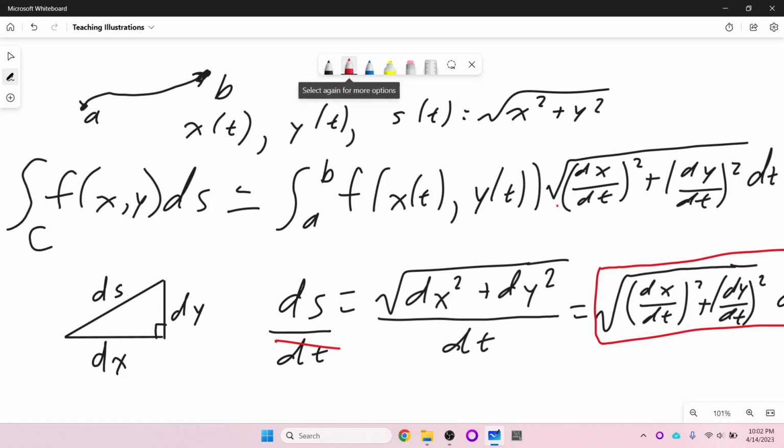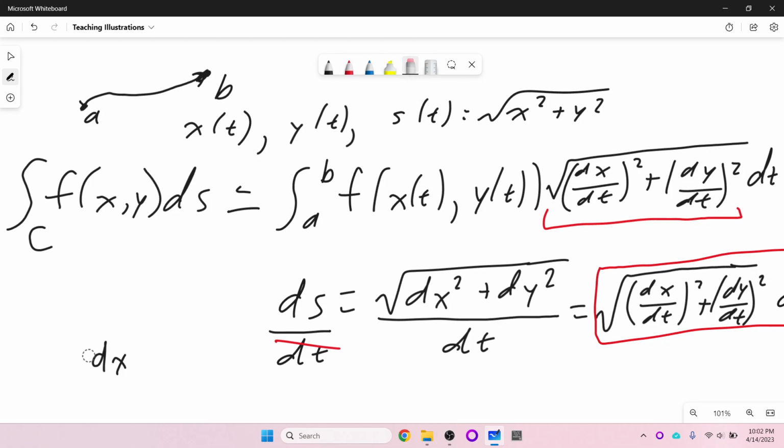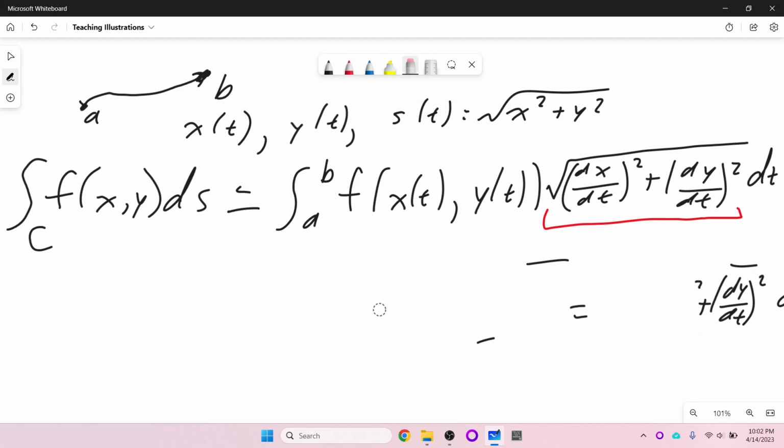So this little piece here is just our multiplier. It's kind of similar to the idea of the Jacobian. It's just something we have to do to rescale it so that the integral works in these new variables.